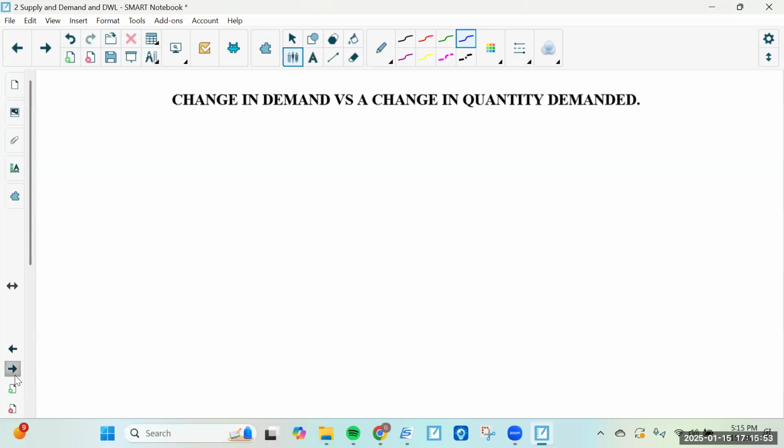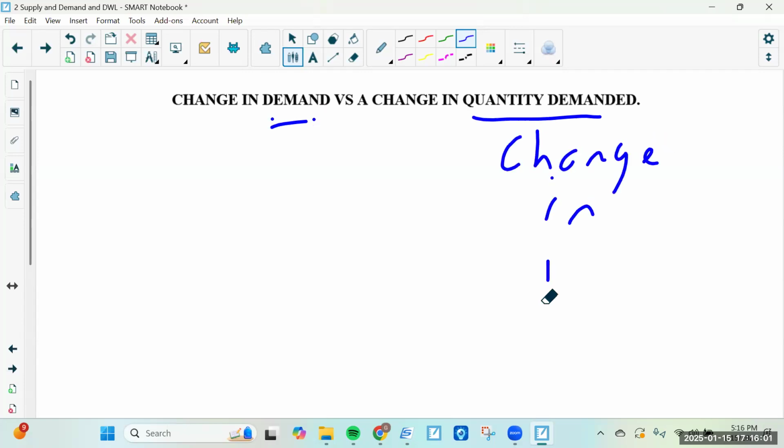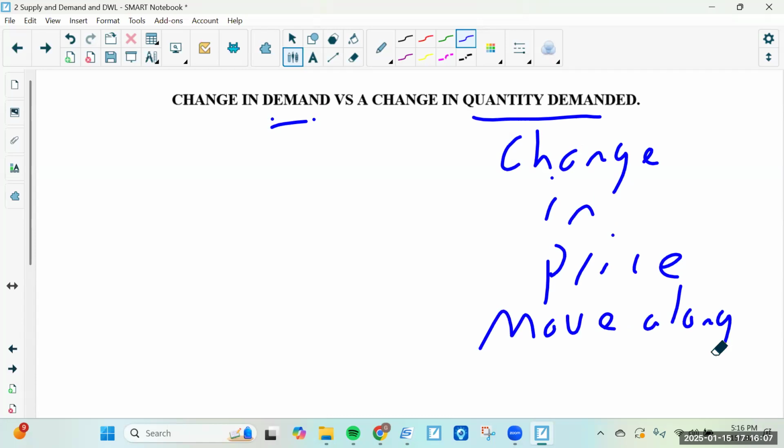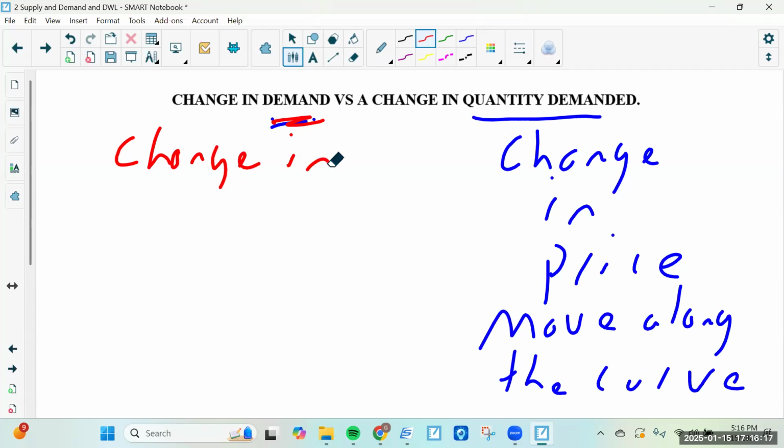Okay. Big difference between demand and quantity demanded. Quantity demanded is whenever there's a change in price and you move along the curve. Demand is when there's a change in one of the determinants.